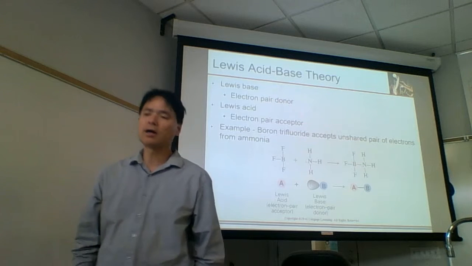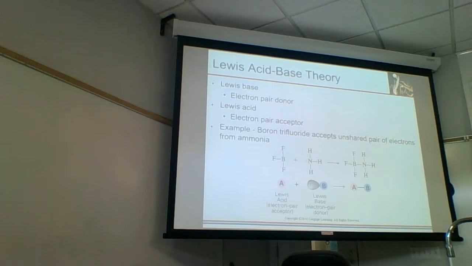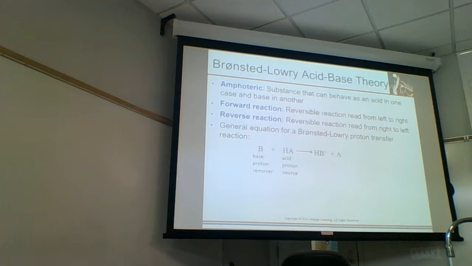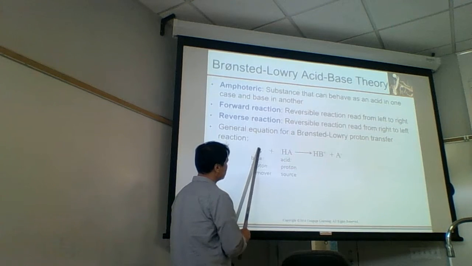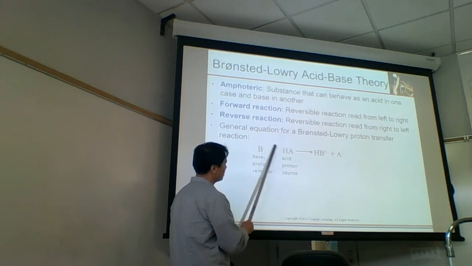This is different than a Bronsted acid-base reaction. A Bronsted acid-base reaction just has a proton donor and a proton acceptor. And so here's a typical Bronsted acid-base reaction. The base is going to take the proton, the hydrogen atom from here.